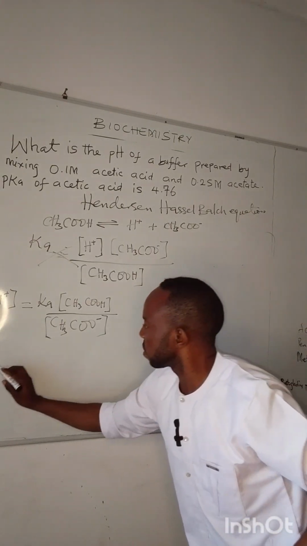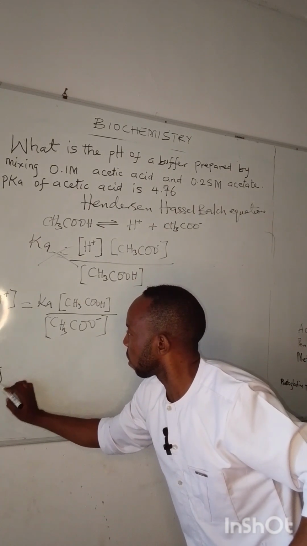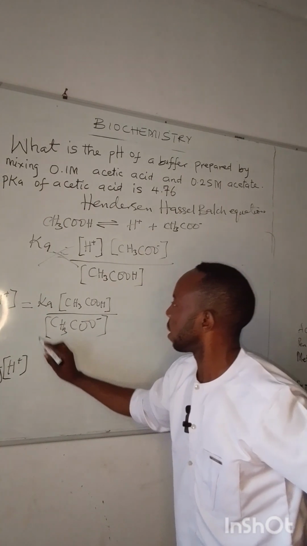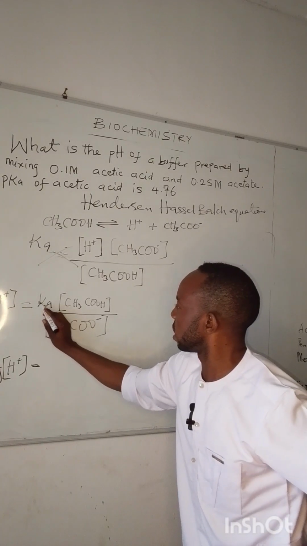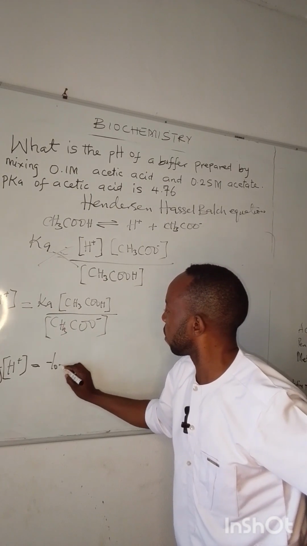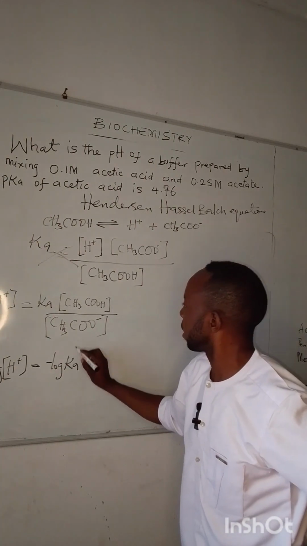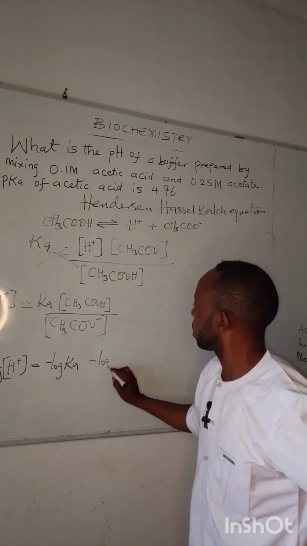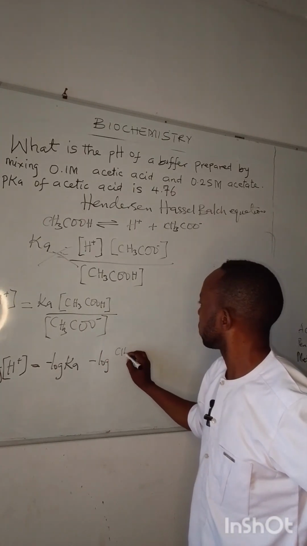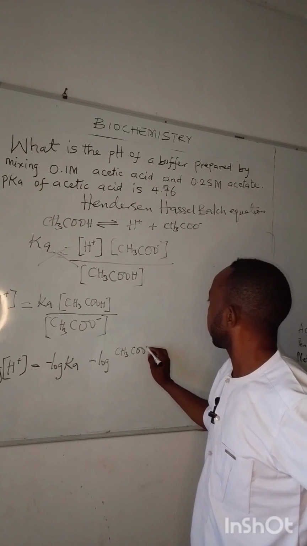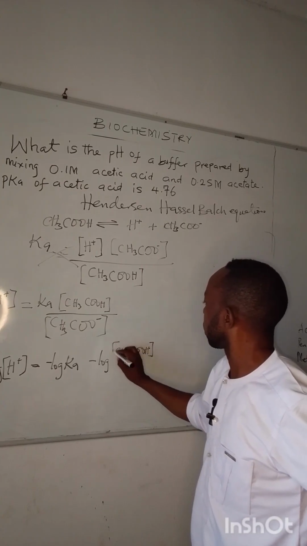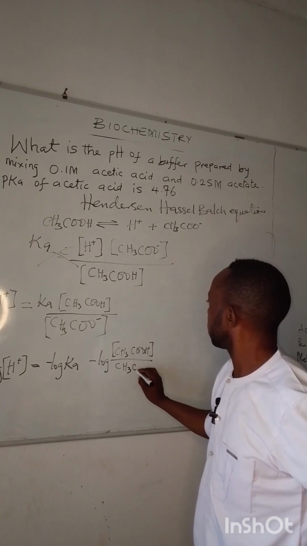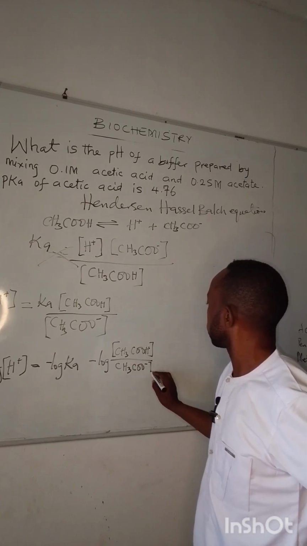It now becomes negative log of hydrogen ion concentration is equal to negative log Ka, minus negative log of the whole of CH3COOH concentration all over CH3COO minus concentration.